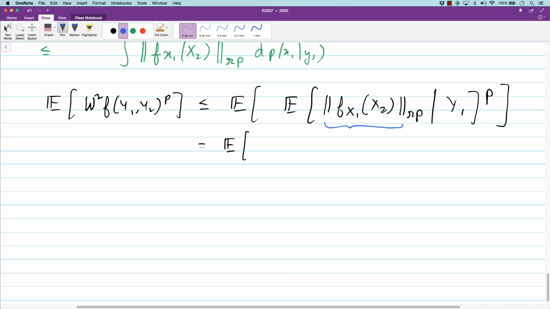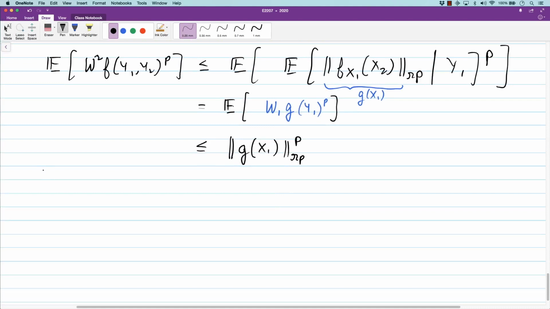This norm already takes expectation over x2, and this is only some function of x1, so we'll call this g of x1. And so this is just W1 of g evaluated at y1 to the power p. And now using hypercontractivity for the first coordinate, this is less than or equal to the rpth norm of g of x1 to the power p.